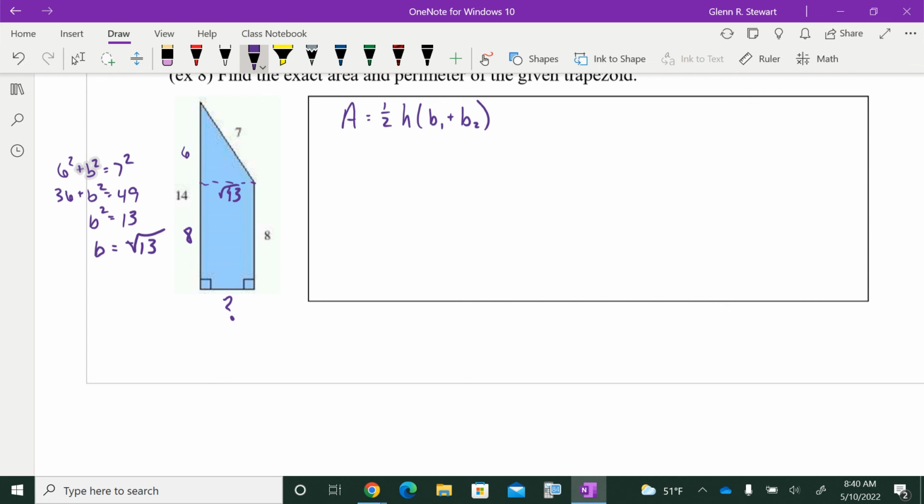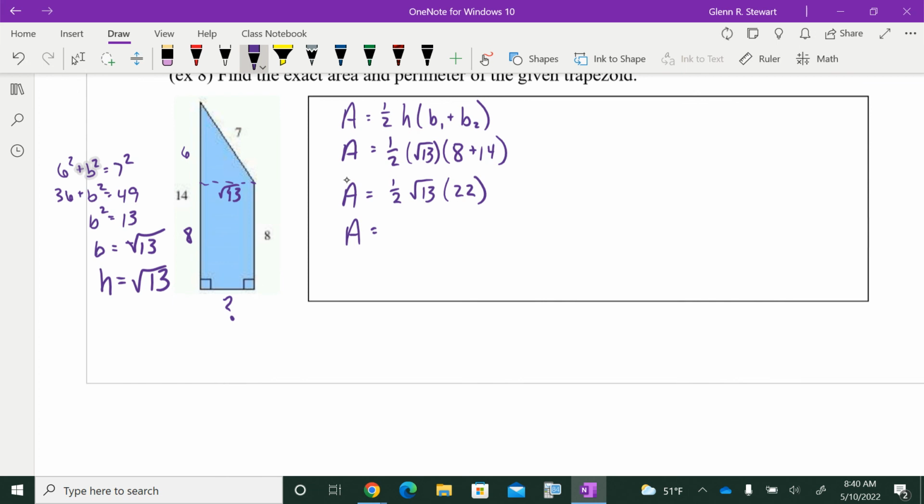All right, so from here, since now we know our height, this is going to be our height, the square root of 13. I now have area is equal to 1/2 the square root of 13 times 8 plus 14. So area is equal to 1/2 times the square root of 13 times 22.